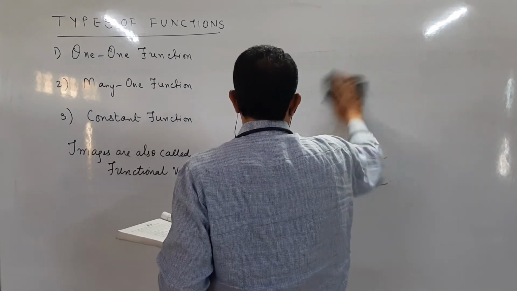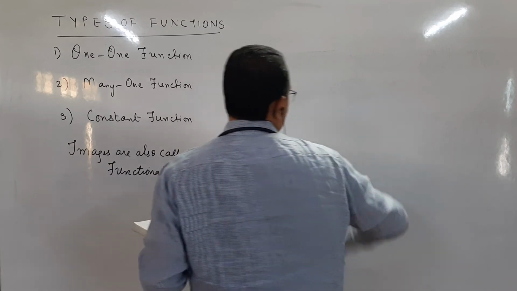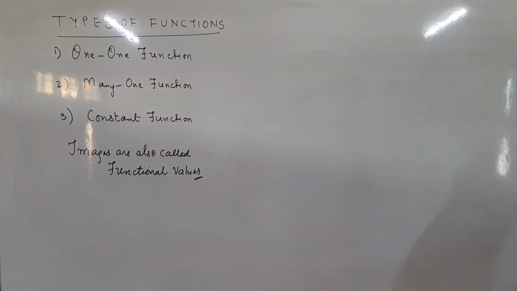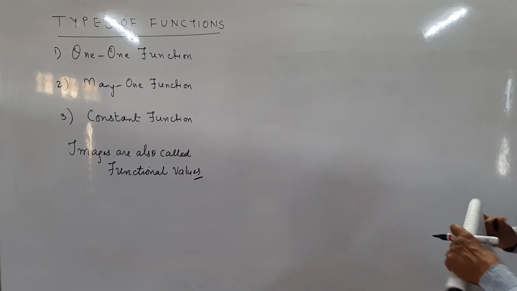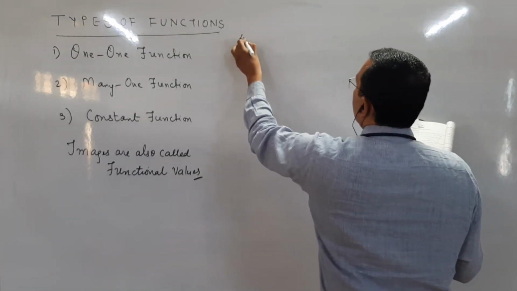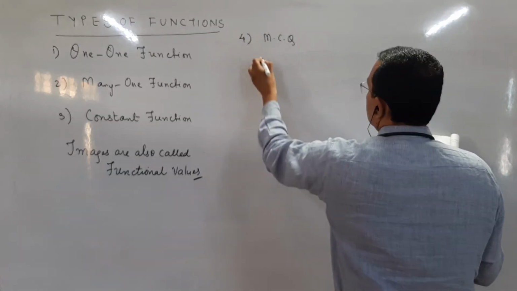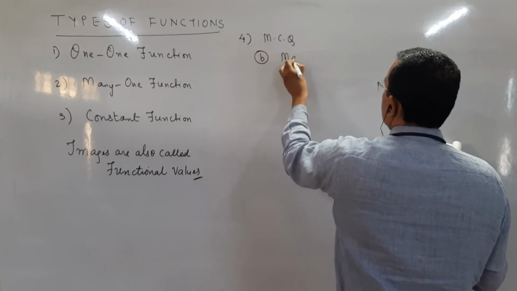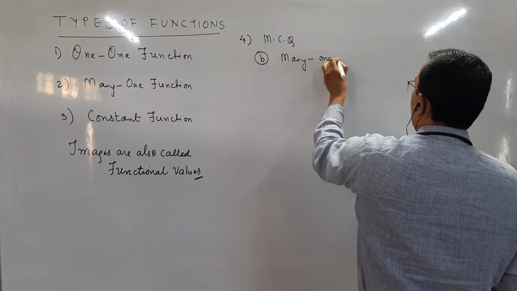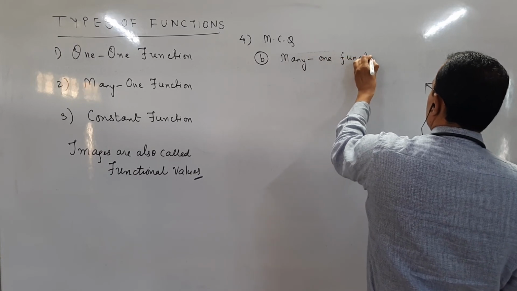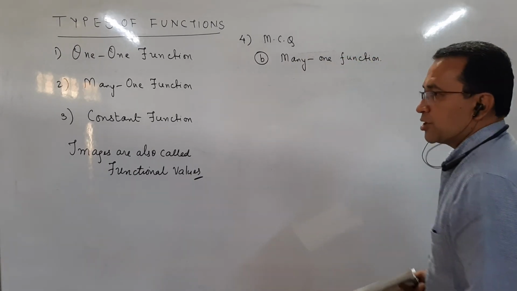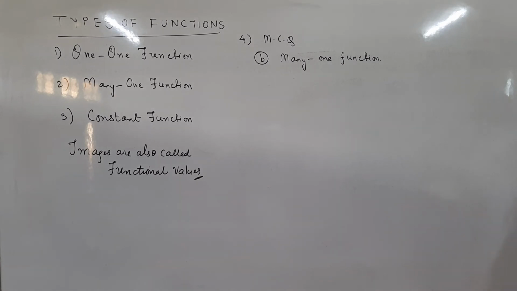Once again, for 2 different elements of domain, if their images or functional values are same, then according to definition, the function is many-one. So the 4th MCQ answer is option B, many-one function.